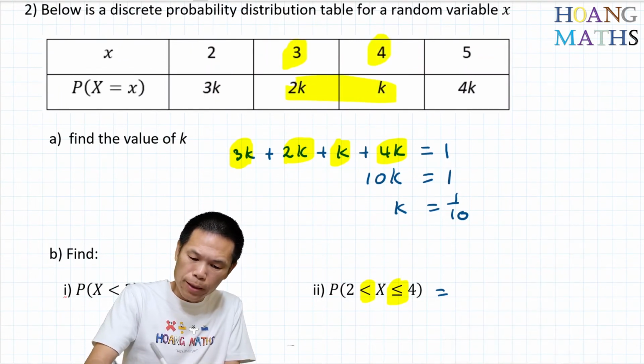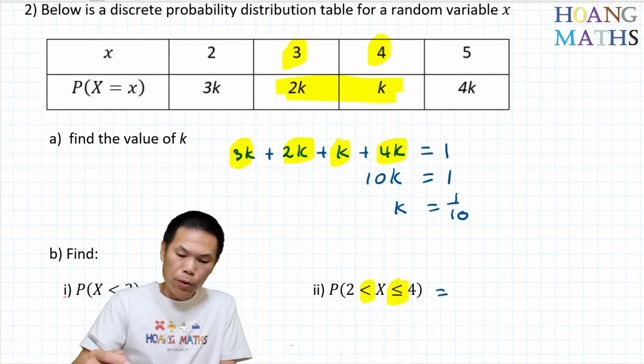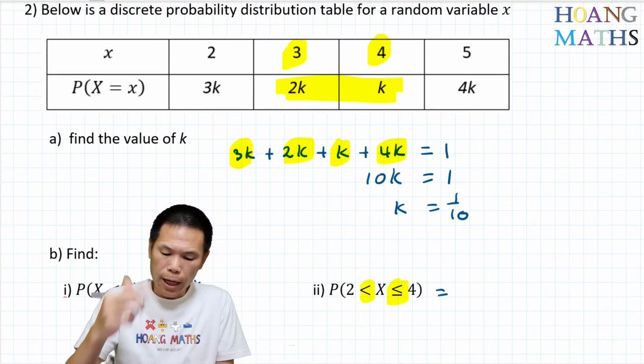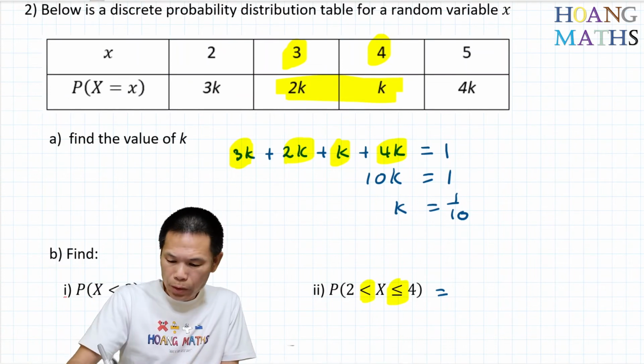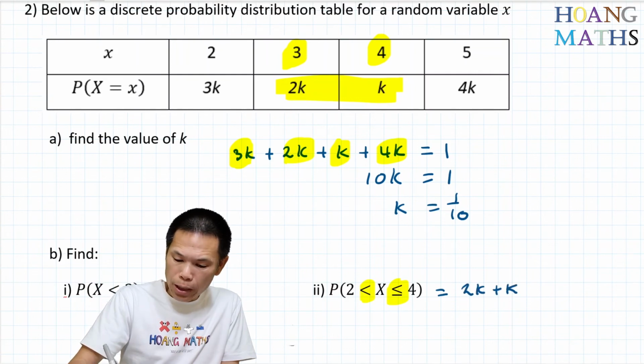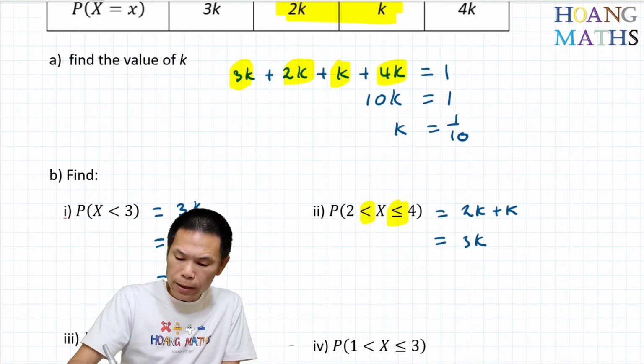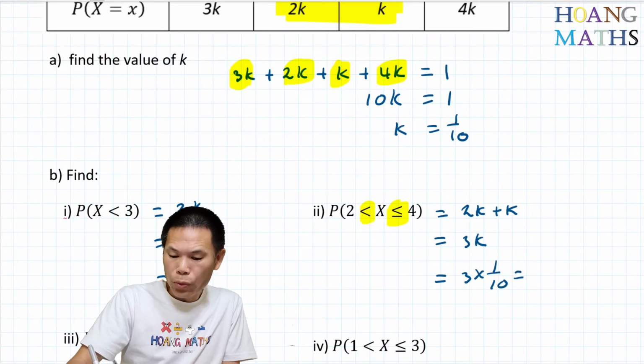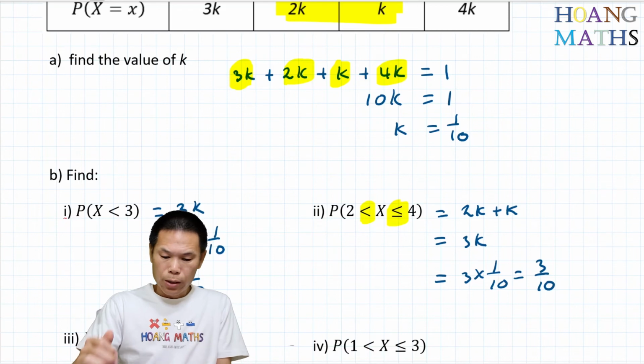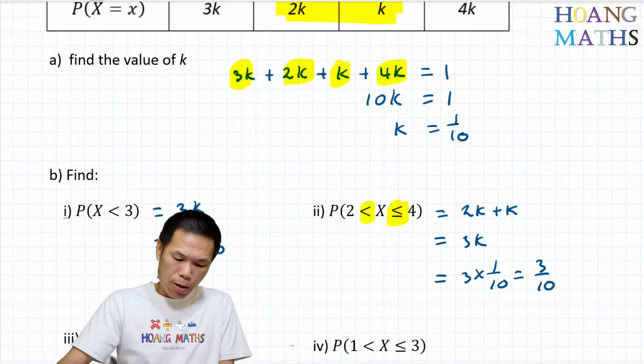So we just add them up. 2k plus 1k will give me 3k. But don't forget, k is 1/10. So 3 times 1/10 will give me 3/10 as well. So there you go.